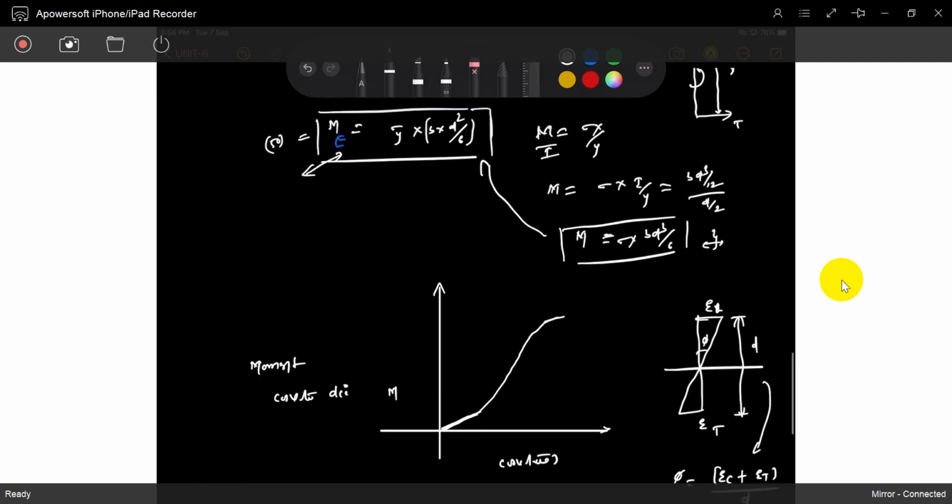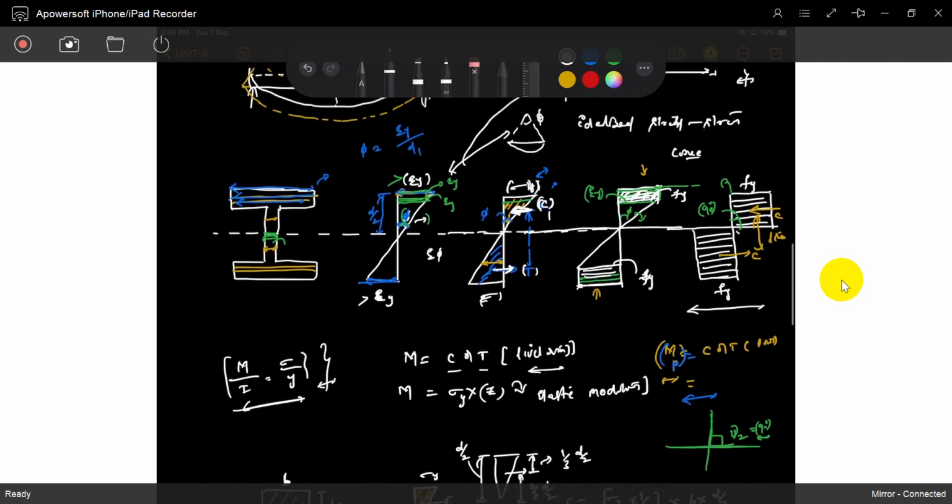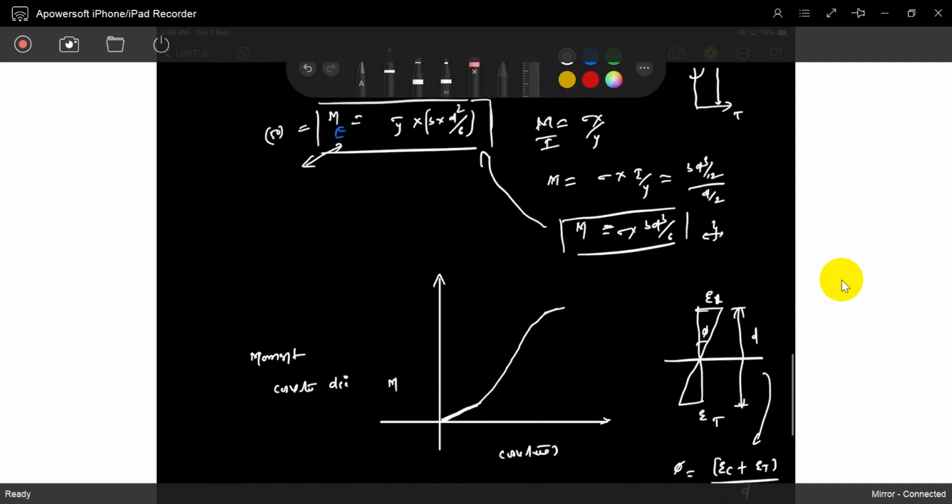At the end of the plastic analysis, at the failure point, no increment of moment is required. The section looks like maida, and if you just press it, it easily shifts.